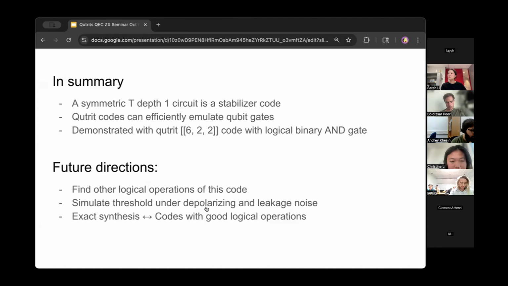Those do admit thresholds. Then, what would be the corresponding cost of doing a 622 code at the very end, to transform the transversal logical gate from T to this qutrit controlled Z?